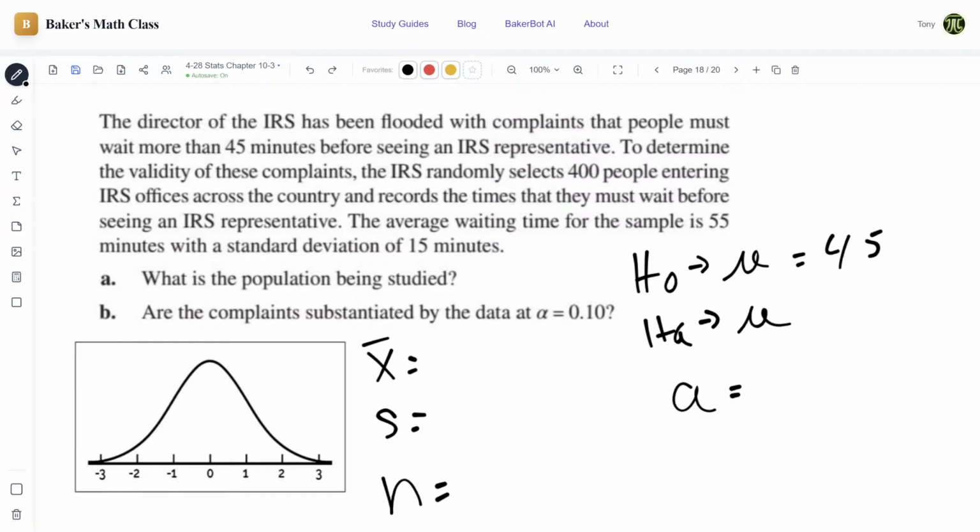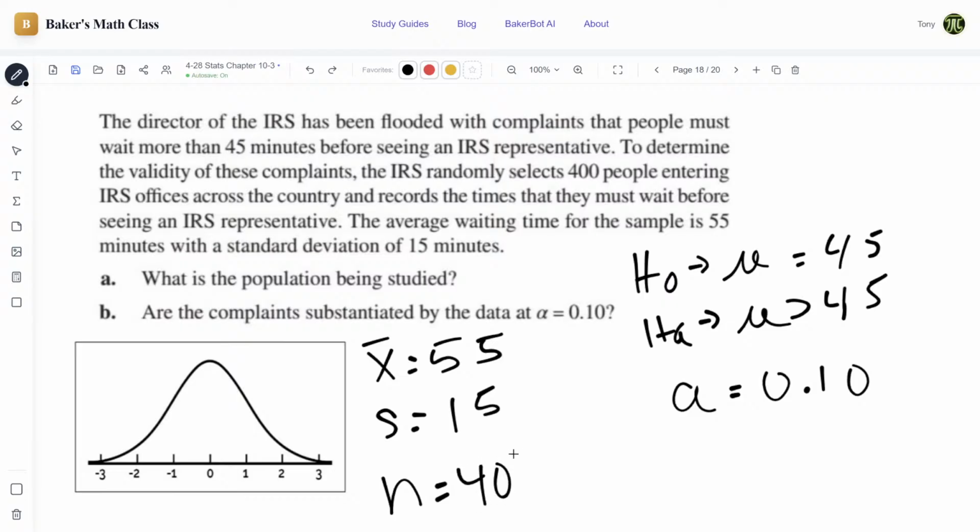And what's my alternate hypothesis? Yep. More than 45. Great. What's my level of significance? Yeah, 0.1. Right there. What's my sample mean? 55. What's my sample standard deviation? And what's my sample size? 400. Good.